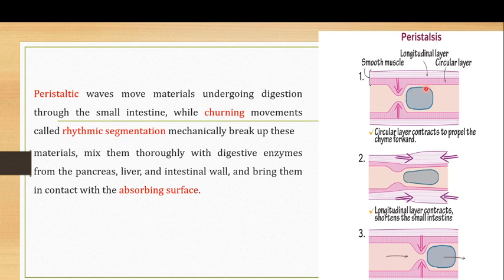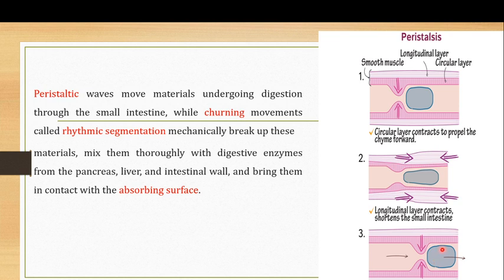When the food bolus enters the small intestine, the circular muscles contract in this position, and when they contract, they push the bolus in the forward direction. In the second stage, the longitudinal muscles contract, and when they contract, they shorten the small intestine. The contraction and relaxation of the circular as well as the longitudinal muscles push the bolus in the forward direction. This is one thing.